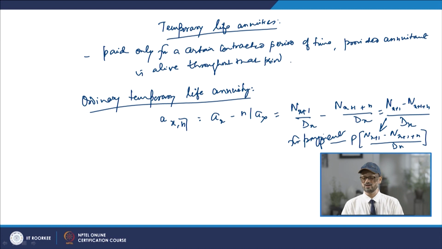Similarly, you also have different types of temporary life annuities. You have the deferred temporary life annuities, which have different expressions, and you can study them to get an idea about these annuities. For the temporary life annuity due, it will be Nx minus Nx plus n divided by Dx.